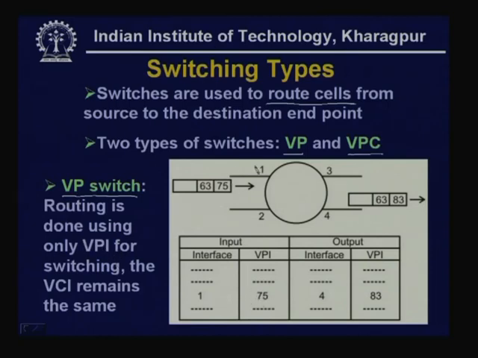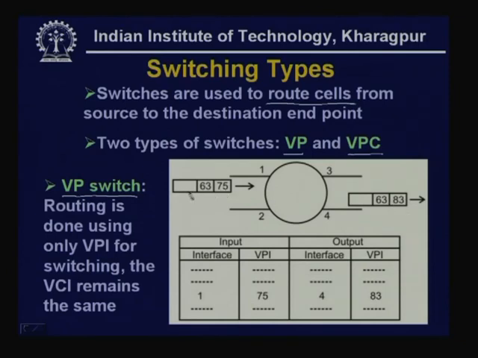For example, this is one interface, this is another interface, and this is an ATM switch. The cell is coming to interface 1 and it is going towards interface 4, and this has already been set up. Now you see the VCI part, 63, is same. It is not different, the only difference is the VPI part. VPI here is 75 at the input interface and the VPI is 83 at the output interface.